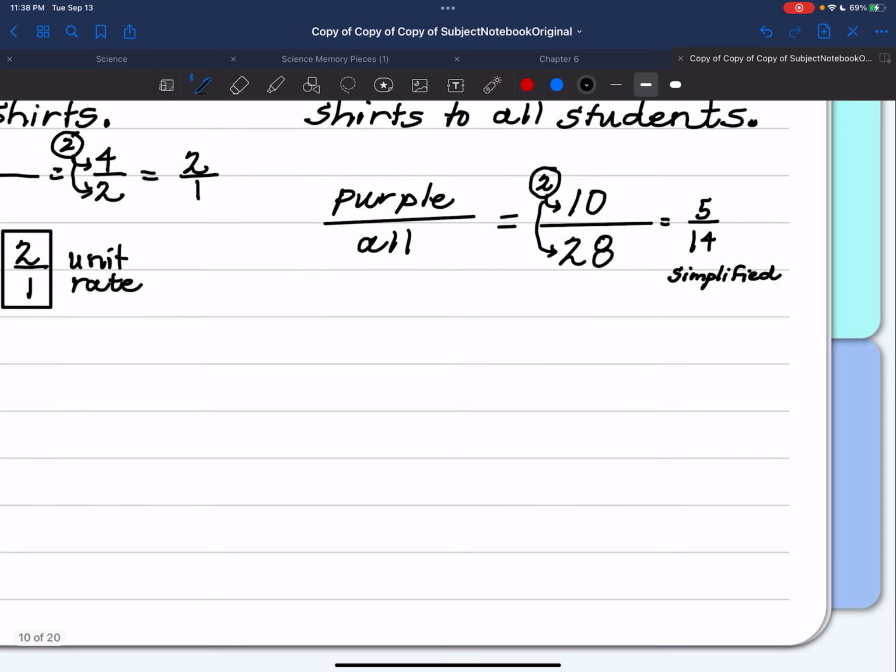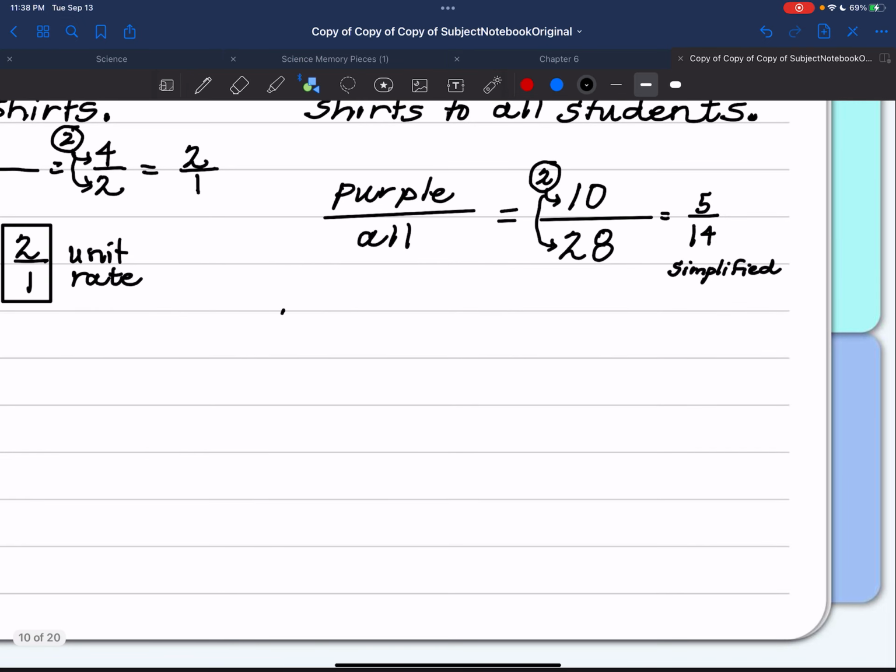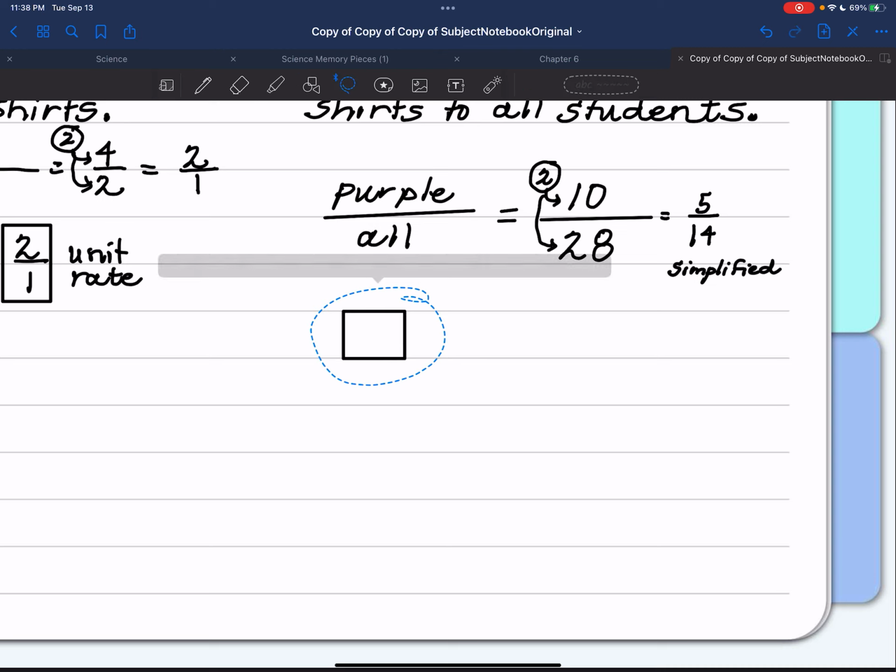Now let me show you how to do this on the Casio calculator, just in case you may not know that. I'm trying to draw a button for my squares because I want you to know that these are calculator buttons.